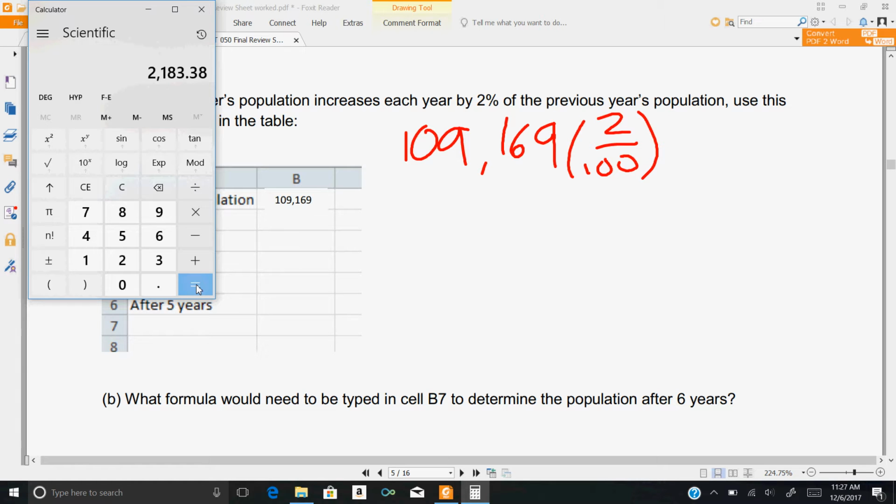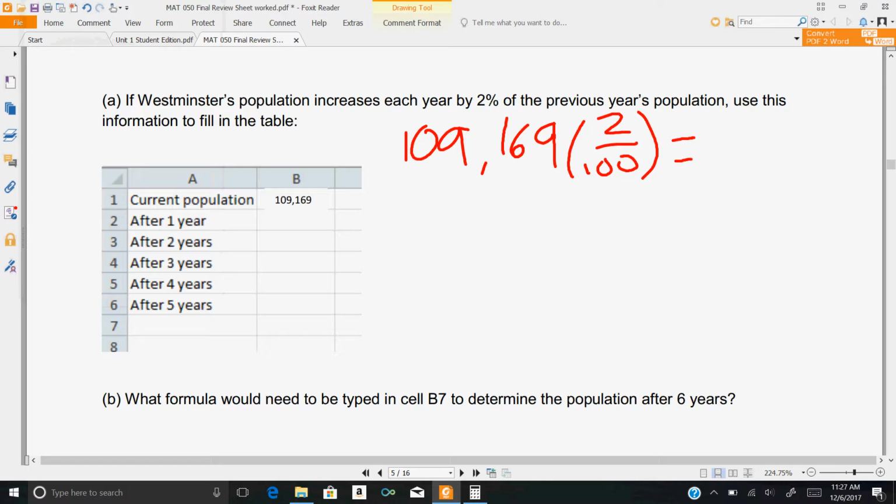2,183. And hopefully it's obvious that I'm rounding to the nearest person. So it's going to increase by that. So I'm actually going to have 109,169 plus 2,183.